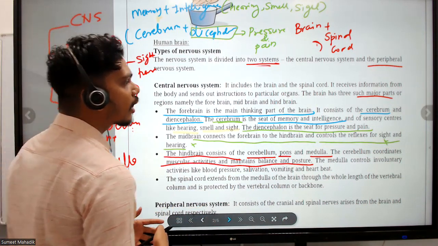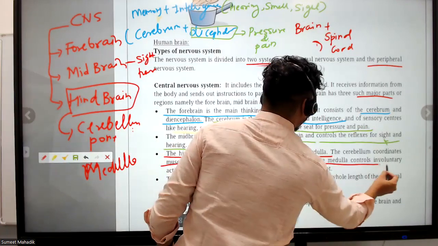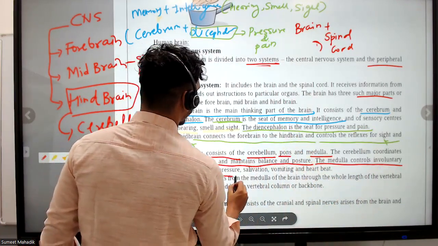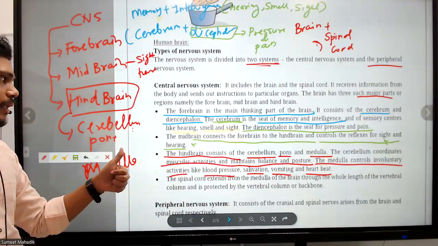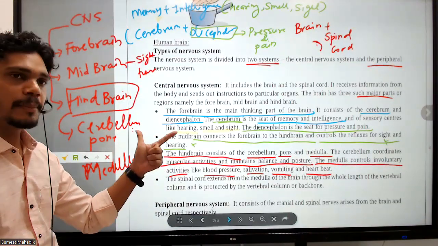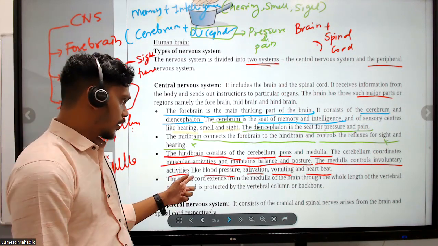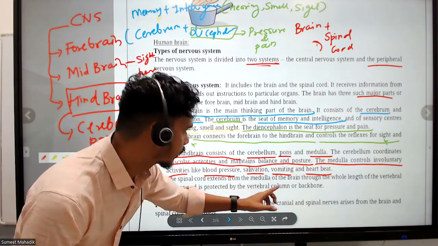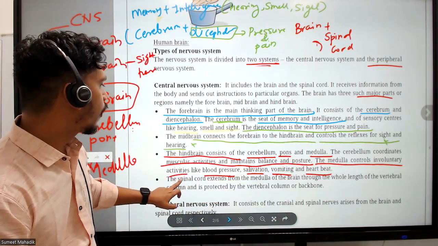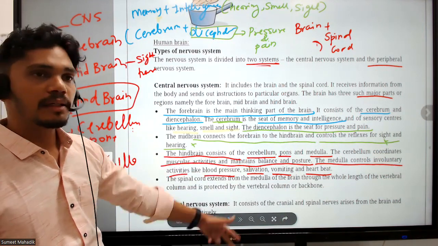The medulla controls the involuntary activity like blood pressure, salivation, vomiting, and heartbeat. Balance and posture are done by the hindbrain. Which one? Cerebellum. Cerebellum is what? Balance and the posture. Okay, you're writing it properly. Now, medulla oblongata controls what? Involuntary activity: blood pressure, salivation, vomiting, and heartbeat.